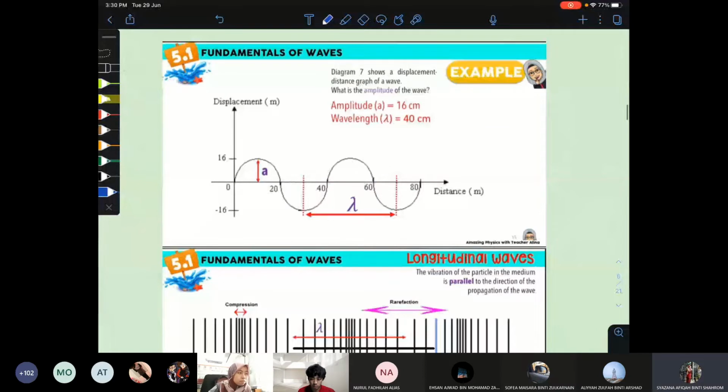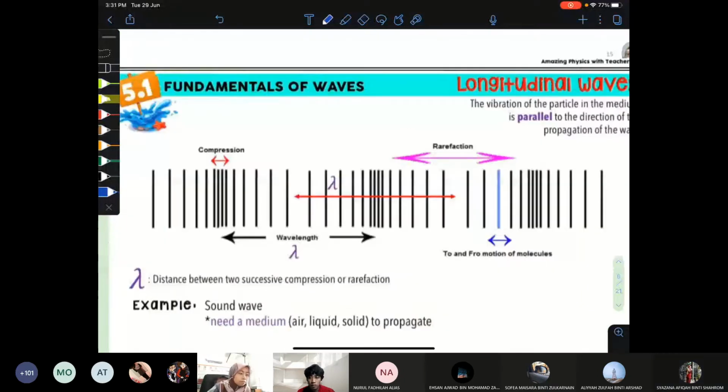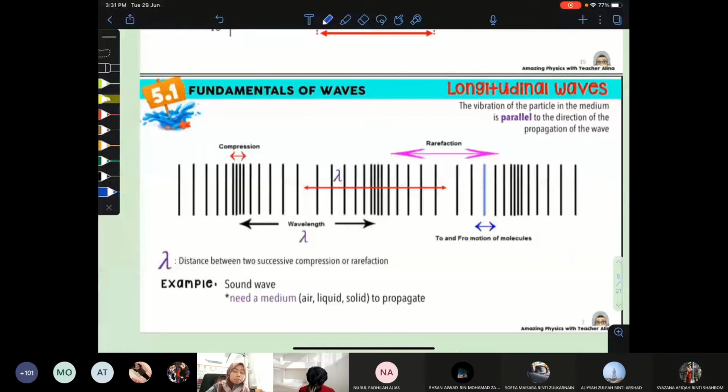In a longitudinal wave, we have compression and rarefaction. The most important thing that you need to remember for this one, you need to understand where.